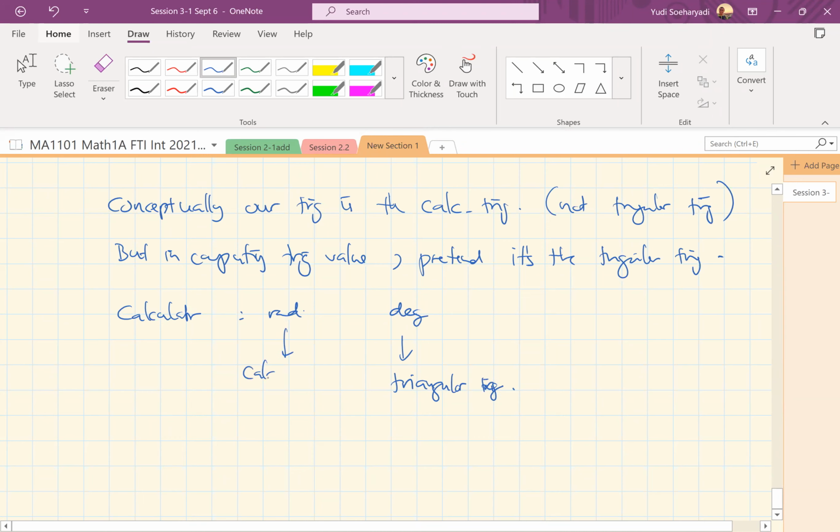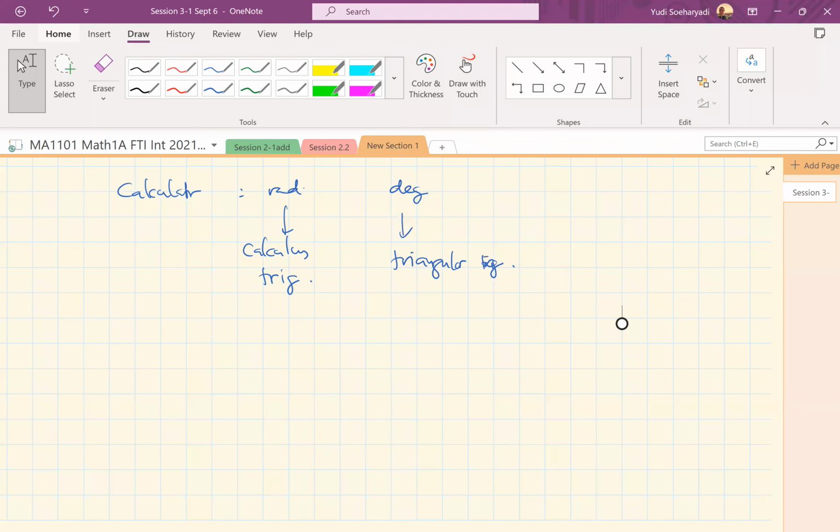And this is your calculus trig. Okay, so you can switch back and forth. In general, we'll use this calculus trig, so all the notations in calculus trig. And you have the identities, which are all the same, except that x and y are just real numbers.